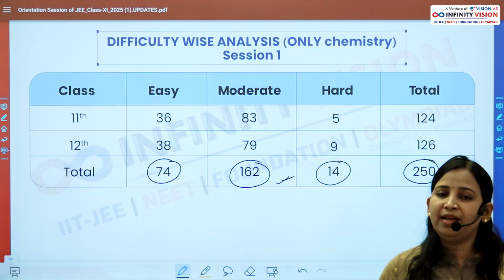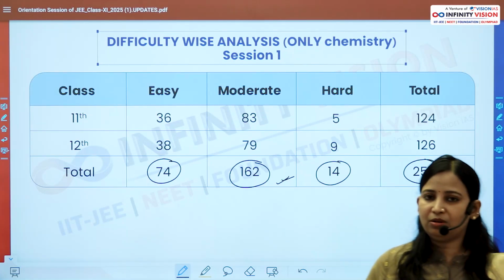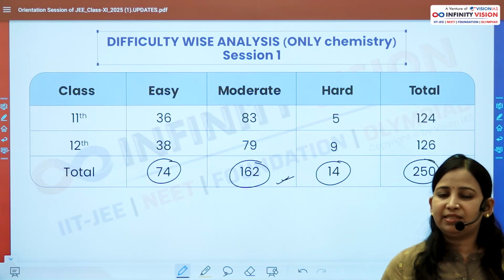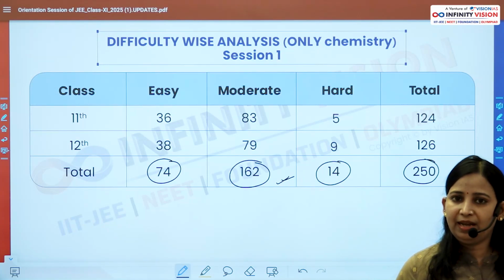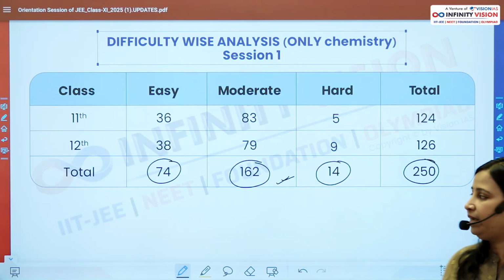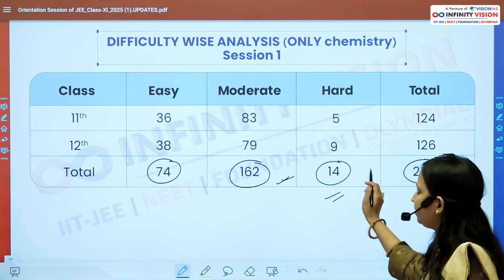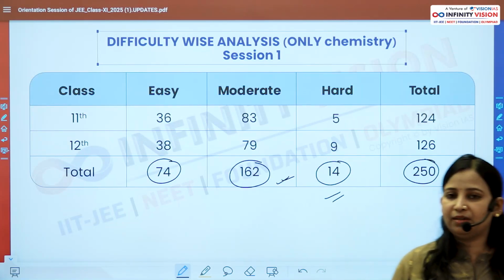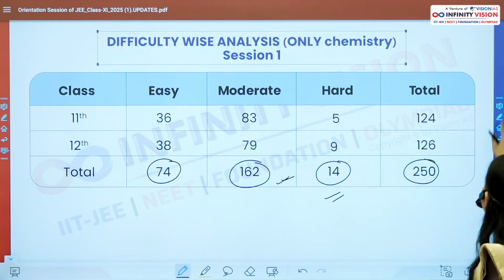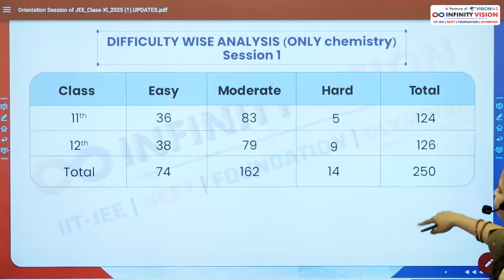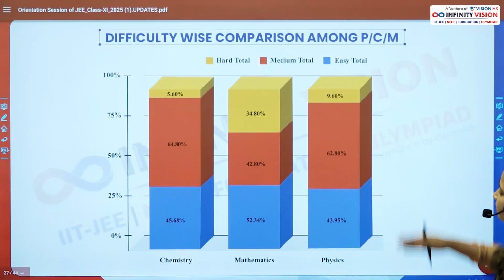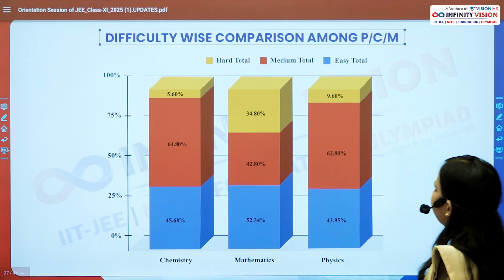So if a student focuses on chemistry also, and by making his or her concept clear and doing regular practice, he can score very well in chemistry to boost his rank. Now let's see further. Again, this is the difficulty-wise comparison among PCM.